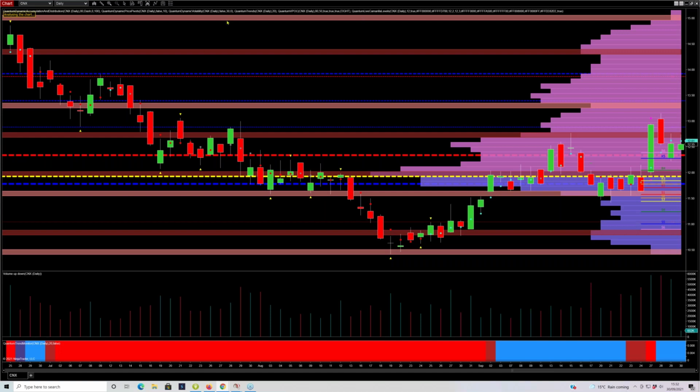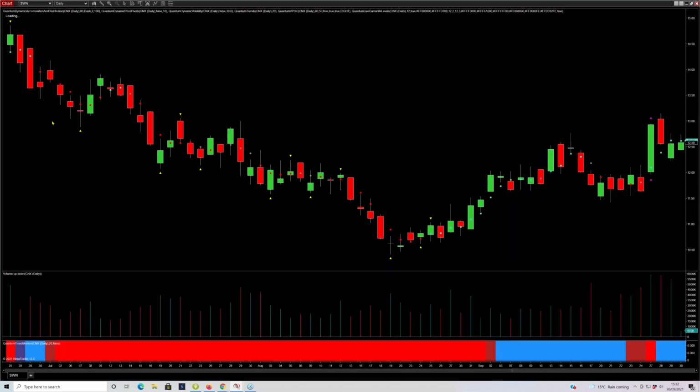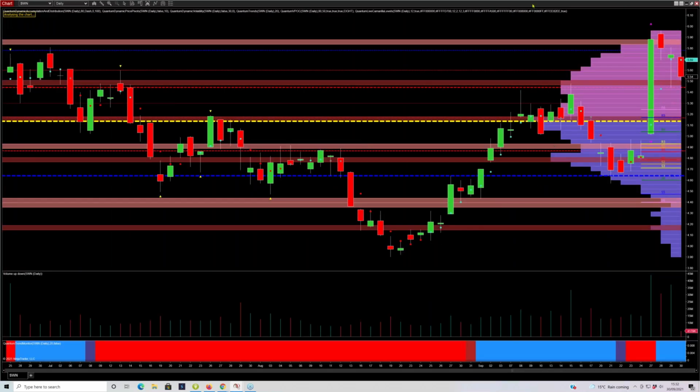Right, this is the one. Let's just go to SWN. Perfect, absolutely perfect. Here we are. Right, we had this wonderful breakout. You can see here, massive candle, triggers the volatility. There are charts where the next candle will simply carry on, which is great, and it does happen.